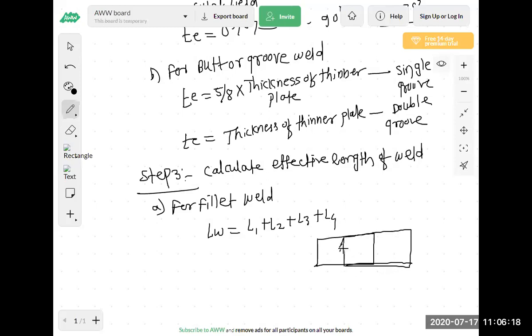This is the first face, we can assume L1. This is the second face, we can assume L2. This is the third face, L3, and this is the fourth face. These are the four possible faces where we can weld.